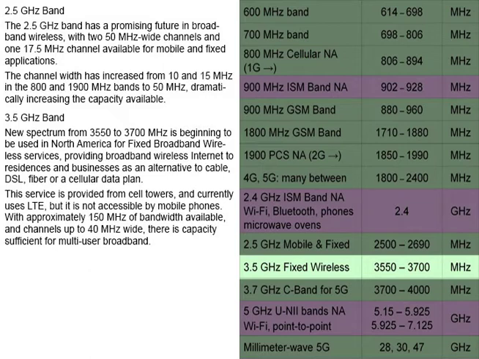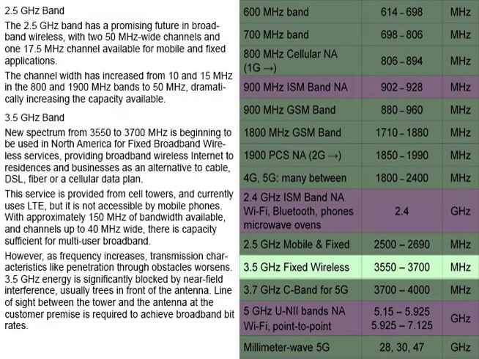This service is provided from cell towers and currently uses LTE, but it's not accessible by mobile phones. With approximately 150 megahertz of bandwidth available and channels up to 40 megahertz wide, there is capacity sufficient for multi-user broadband in the 3.5 gigahertz band.